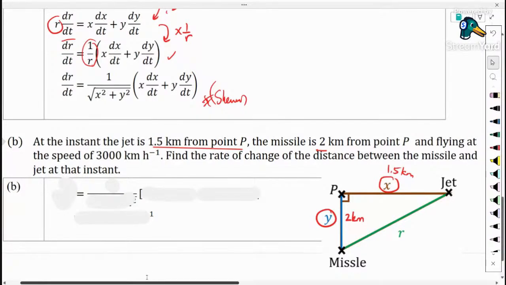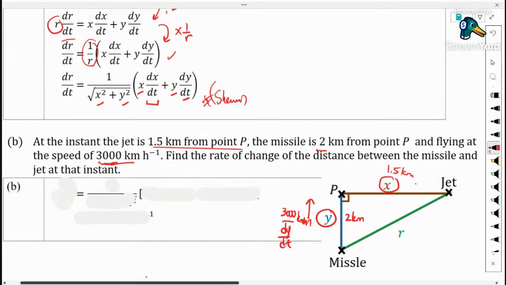You were told that the missile is flying at the speed of 3,000 kilometers per hour. So it is moving up at this speed, which is actually dy/dt, the rate of change of y. With the info so far, we can calculate the answer by substituting x, y, and dy/dt, but we are still missing dx/dt.